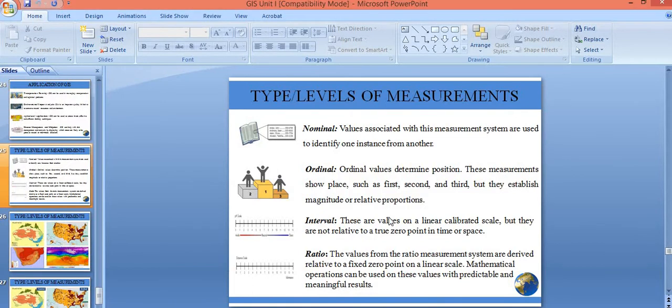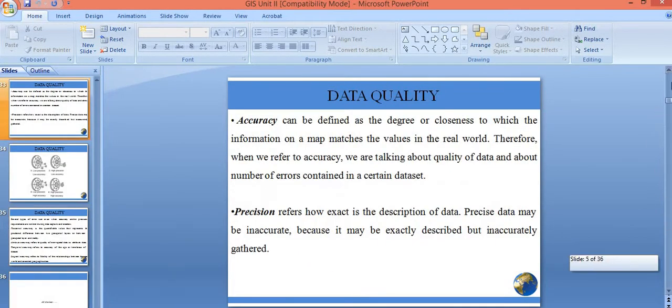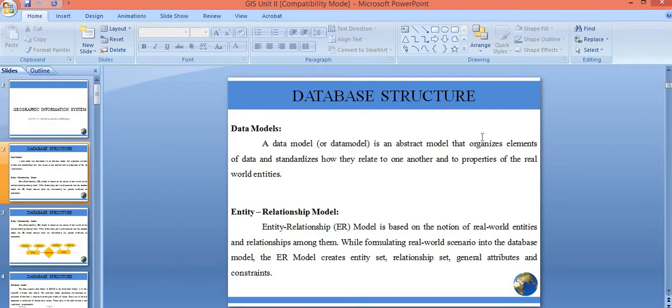So the next, second unit. In the second unit, first of all, you should be clear with data models. Data models are a base for any database system, a base for any data storage.